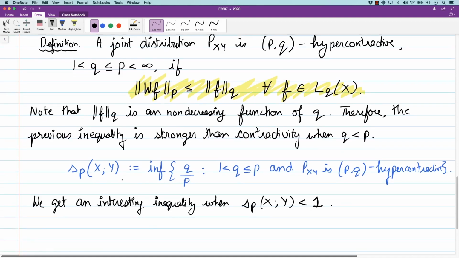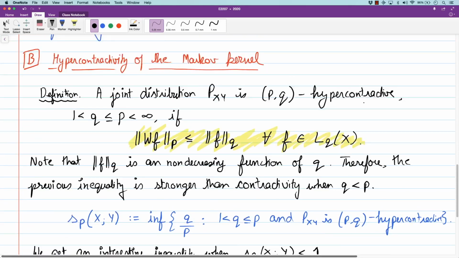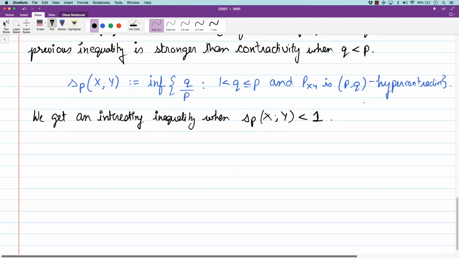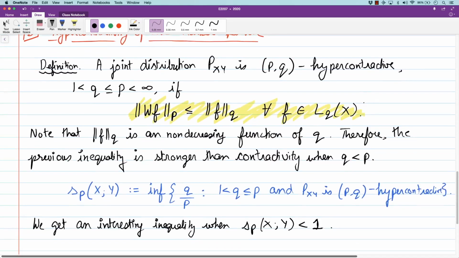Of course, it's already clear that it's less than or equal to 1 because any Pxy is PP hypercontractive, because PP hypercontractivity is just contractivity, and we want to check if it can be made less than 1. That's hypercontractivity. There are many equivalent forms of the same requirement, and we'll present that.